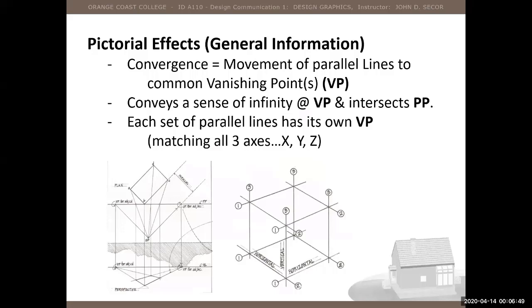Okay, so wow, we've got lots of lines and so on. So let's start with the idea that when we were working on those multi-view drawings, we were dealing primarily with vertical and horizontal lines. Okay, so that we had 2 dimensions to work with. We now have 3 dimensions to work with, and the things that occur, as you can see in the illustration on the left side of the slide, that as we start to employ these axes, the vertical and 2 horizontal axes, the vertical will always stay pretty much vertical.